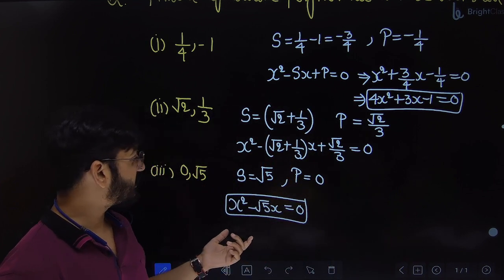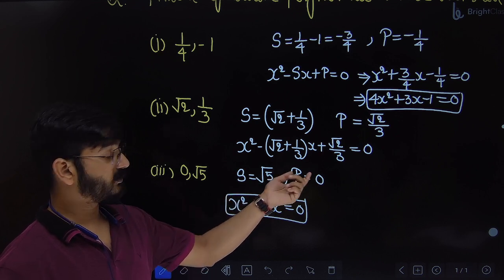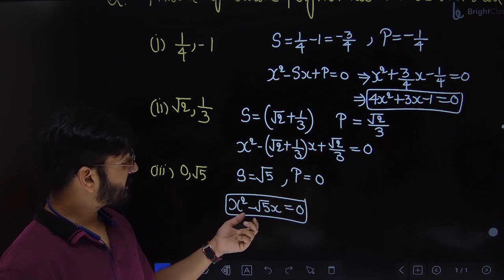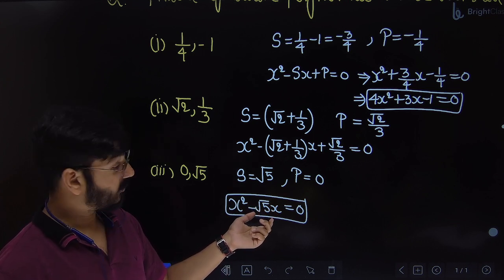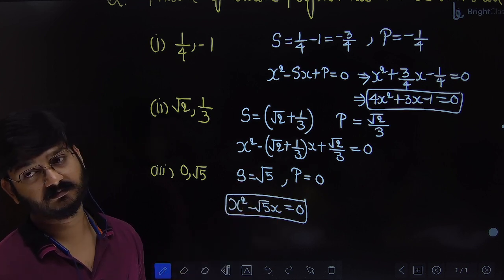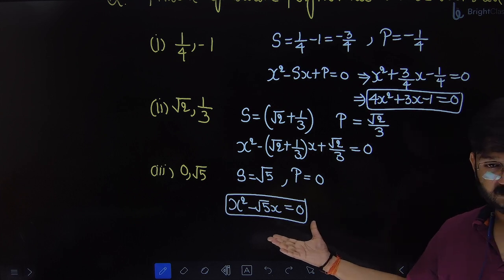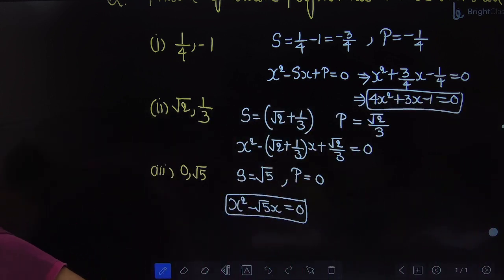So whenever you see that the constant term is missing in the quadratic equation, it means that the product of the roots is 0. Now, if you see that this term is missing, it means that what is 0? Sum. There is nothing to remember, you can just observe here. Any doubts? All clear?